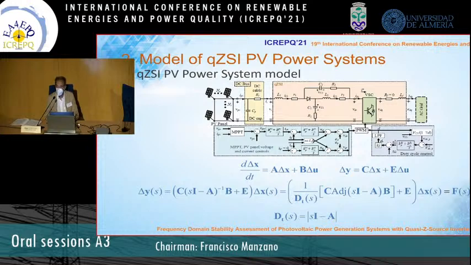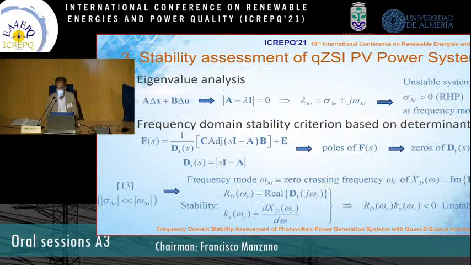Once we have the state space equation model of our system, we can start the study of the stability of the system. This stability study can be made by means of two approaches, the eigenvalue analysis and the frequency domain stability criteria.